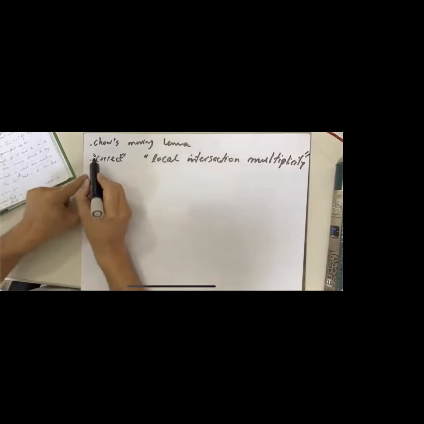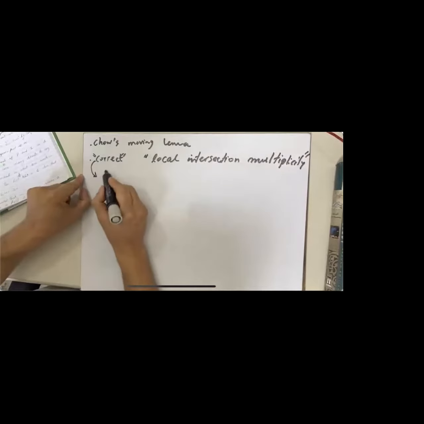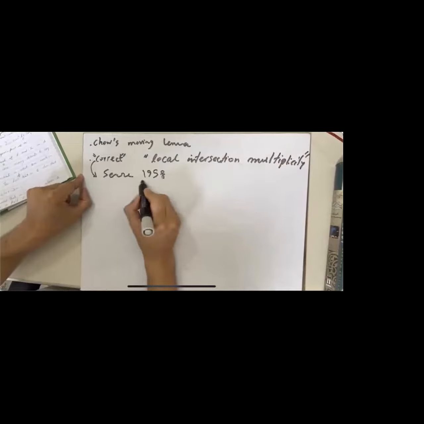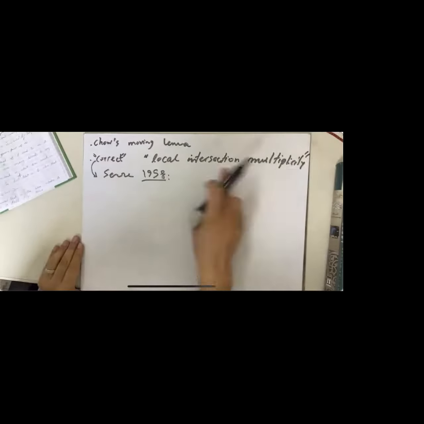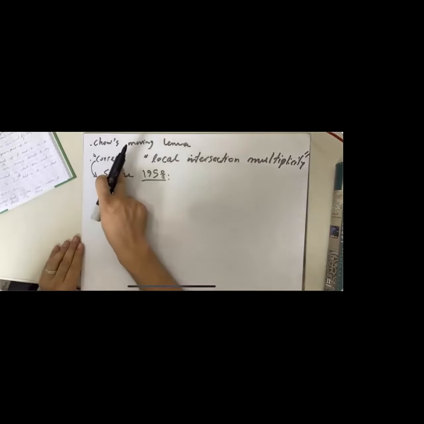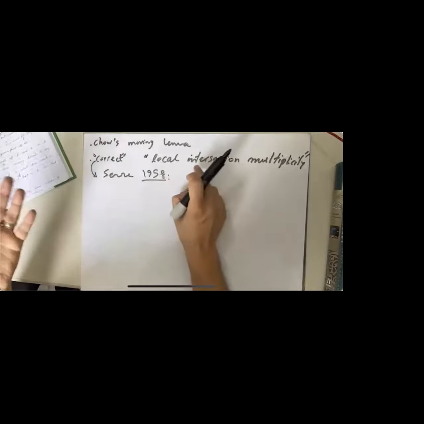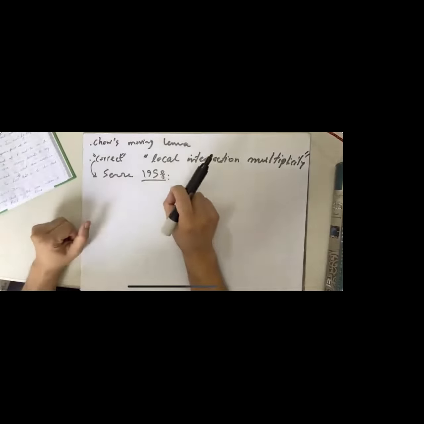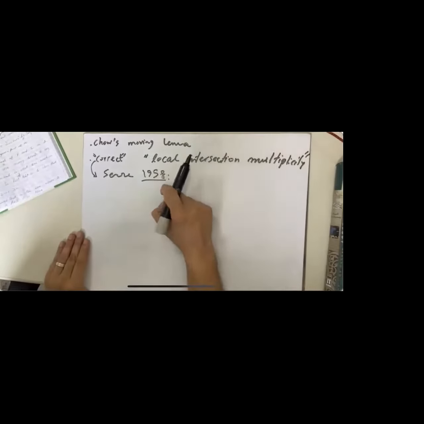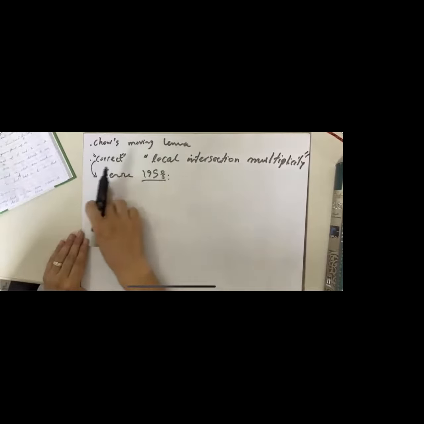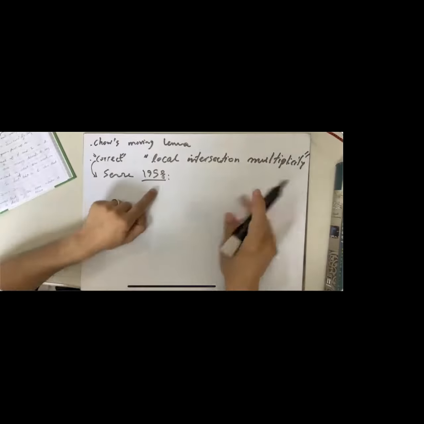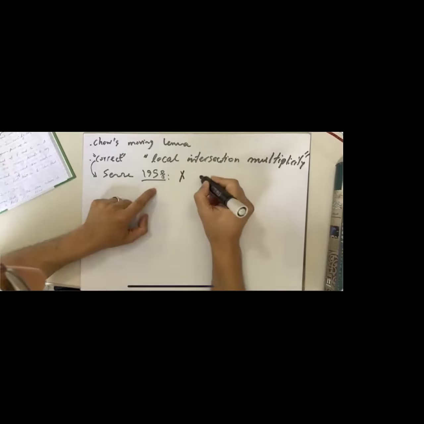And this second one was established by Serre in 1958, and he defined the local intersection multiplicity, and he showed that this is the correct definition, because before that there were other definitions that were not satisfactory considering the axioms. So, to state Serre's definition of local intersection multiplicity, let X be a regular scheme.